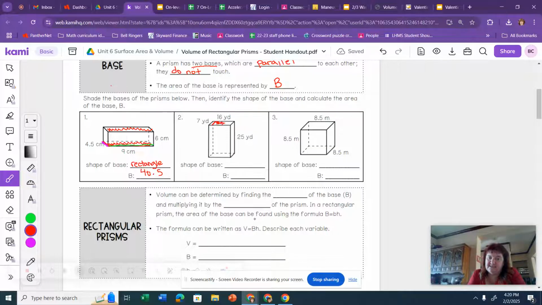Okay, let's look at this shape over here. The base is here and here, and they're the ones that are parallel. This, again, is a rectangle. And I'm sorry if my dog barks in the background. That's what she does.